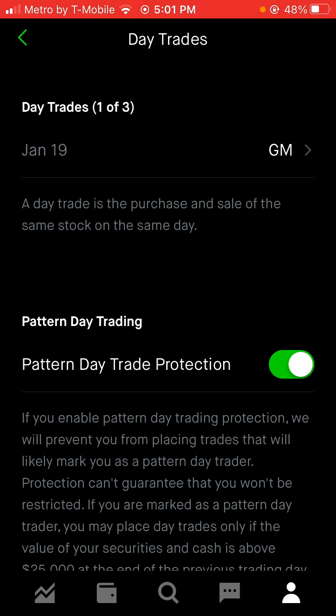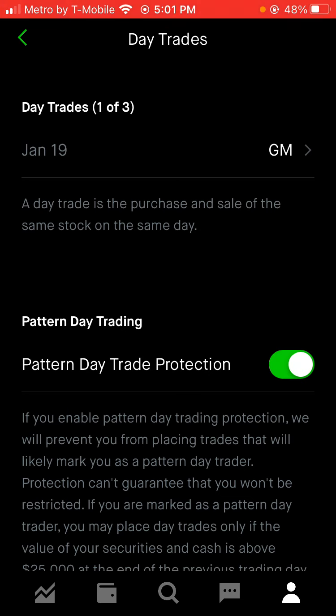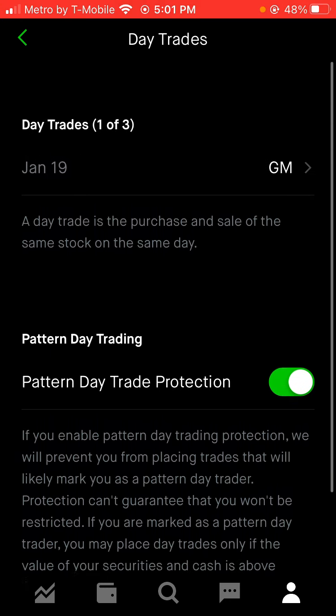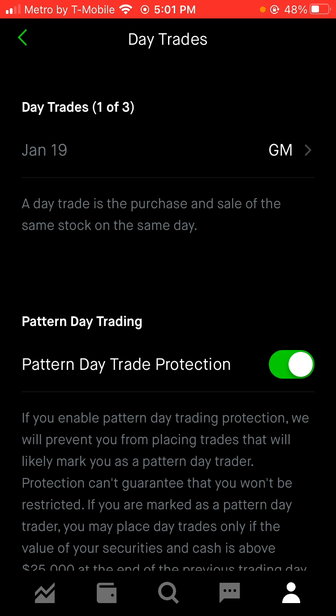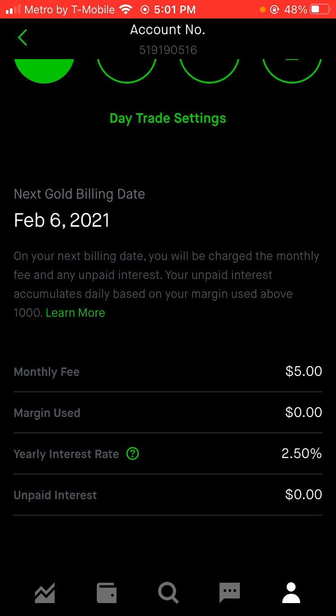So if you go to your settings, you turn this on, so it'll stop you from going over 3 days, because your account will be limited on how much money you can buy, how much money you can take out, up to 3 months. See, that's how you put on your gold membership.